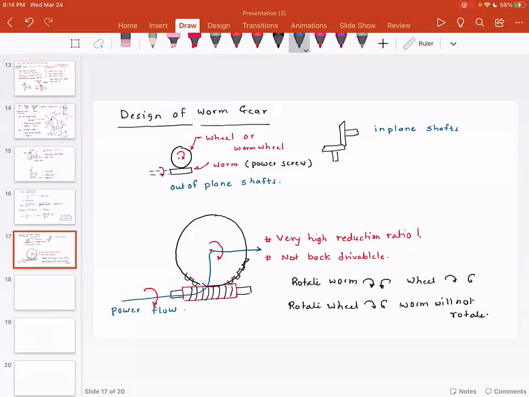For example, imagine that you have an elevator, and this elevator has a pulley, and here you have the gear transmission, and then you have the motor. And now there is this load, and this load is being lifted.